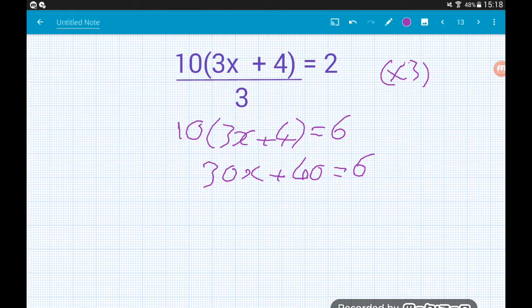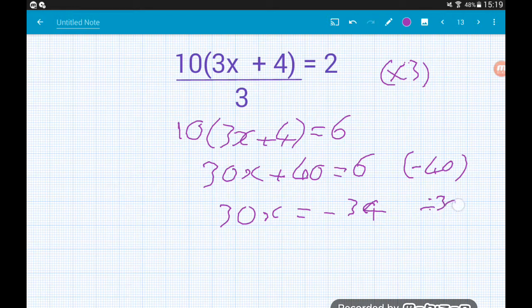And now we're going to want to take away the 40. That will leave us with 30x is equal to 6 minus 40, which is going to be minus 34. And then finally we want to divide by 30.